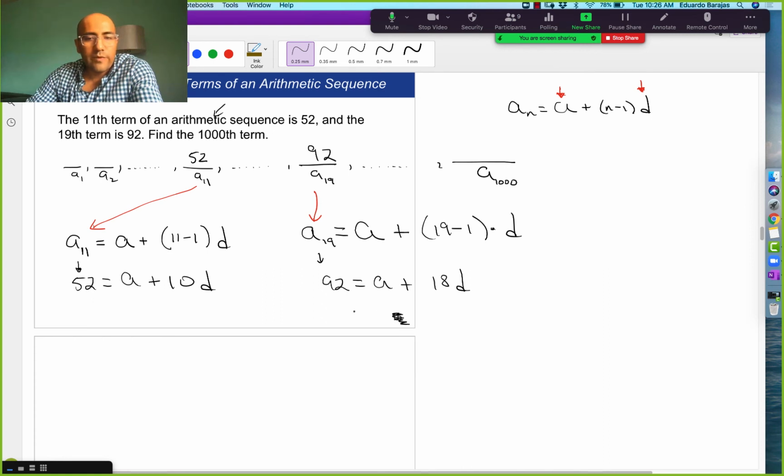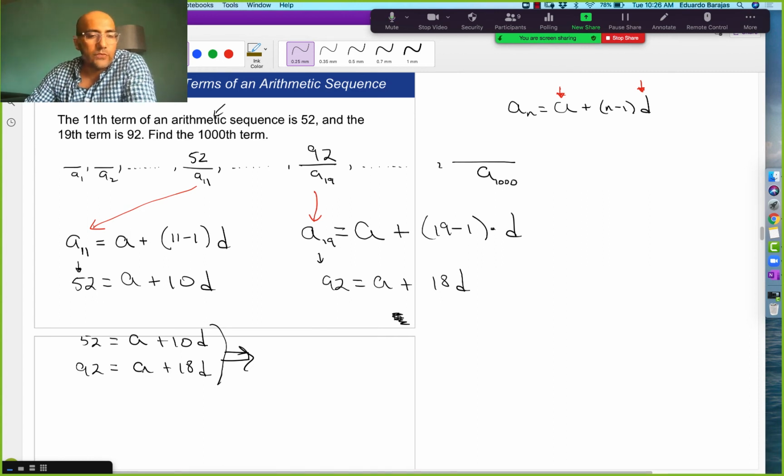So what we have here is a system of equations. We have 52 is equal to A plus 10D, and we also have 92 is equal to A plus 18D. The way I'm going to solve it is by the elimination method. I'm going to add these two equations, but I want to first manipulate them a little bit such that when I add them, one of the variables disappears.